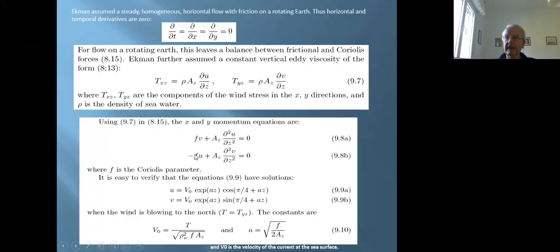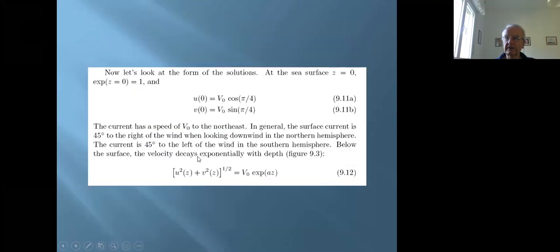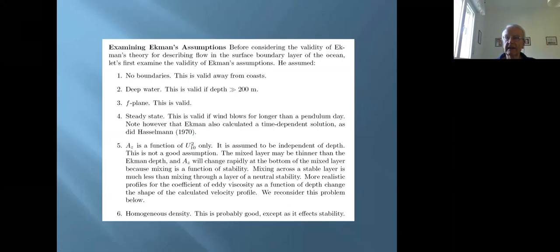We have to have that F is constant. So what does F-plane mean? It means that F, the Coriolis parameter, doesn't change too much with the particle. That means that the particle will not be moving north-south over large distances, such that we would have to take into consideration the change of F. So this is the F-plane approximation.